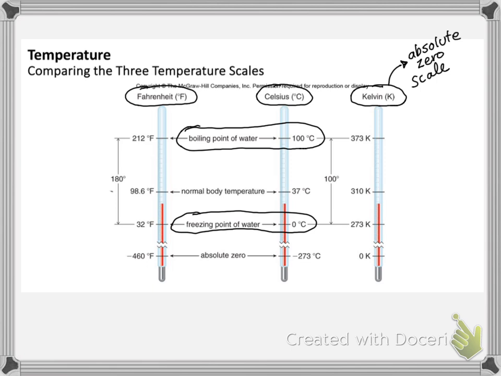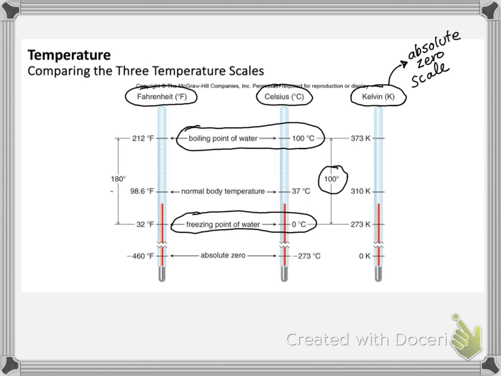Now, what you might also notice, and we'll take a look at on the next slide, is that the degree sizes between Celsius and Kelvin are the same. And how I know that is that if you measure in Kelvin and Celsius both the freezing point and the boiling point of water, there's the same number of degrees, 100 degrees between those 2 points.